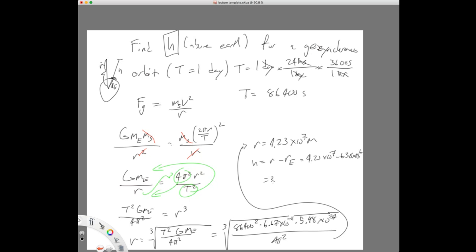So the height is 3.59 times 10 to the 7 meters.